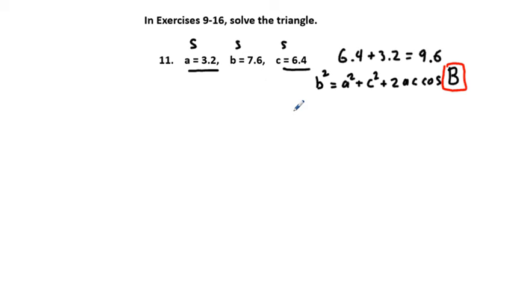We have our long side, which is B, 7.6 squared, equals a squared.